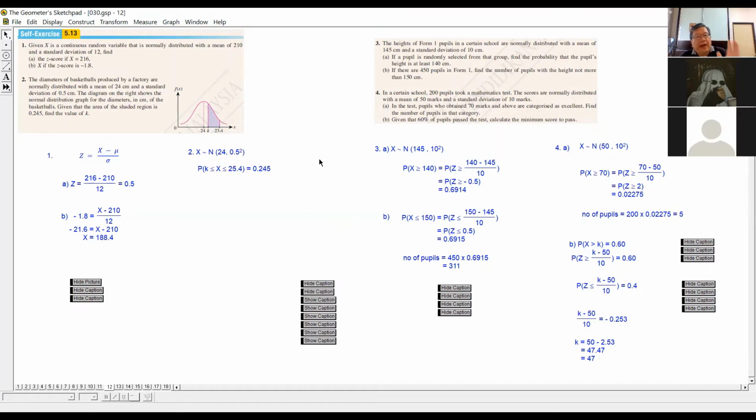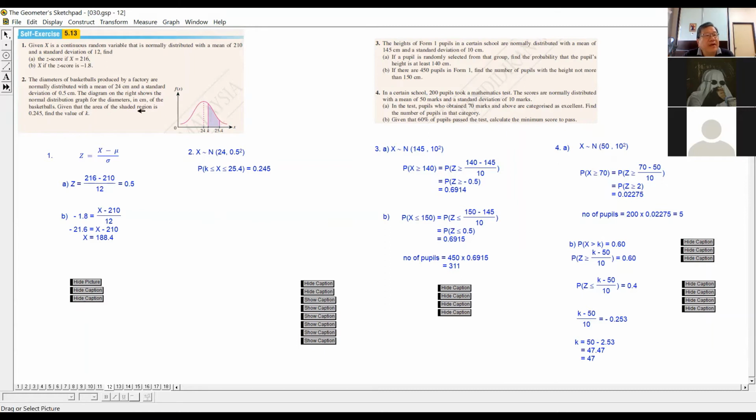Now the diagram shows us the probability, right? This shaded part shows us the probability that x lies between k and 25.4.